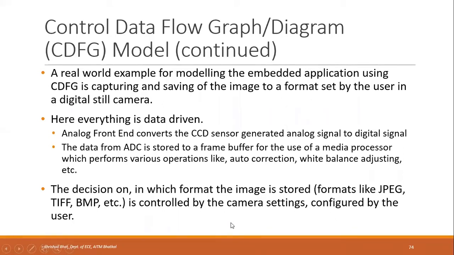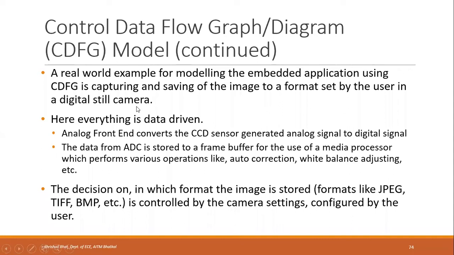One example of modeling an embedded application using CDFG is capturing and saving of an image to a format set by the user in a digital still camera. In a digital camera, you can capture the image and save it in different formats like JPEG, PNG, TIFF, BMP, and other things.